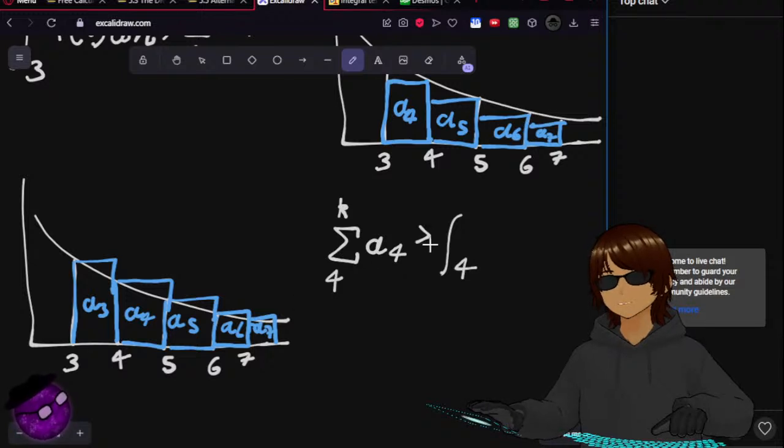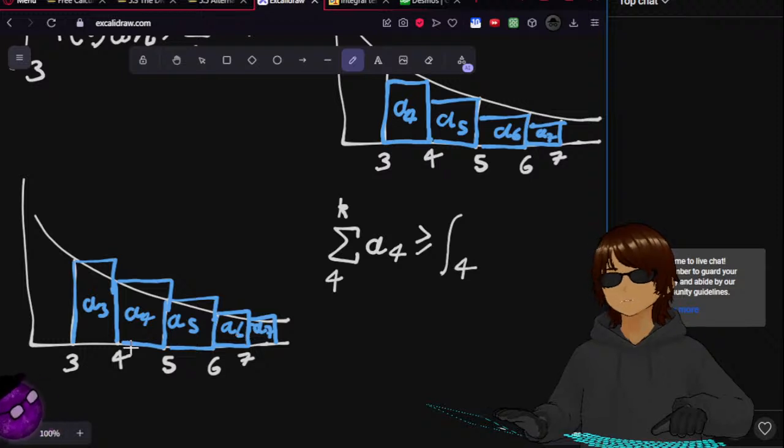So this would be an overestimate from 4 to k. Let's say, for example, from 4 to 7, the overestimate would be A4, A5, A6. If we do it till k, AK, then it would be an overestimate from 4 to k plus 1.